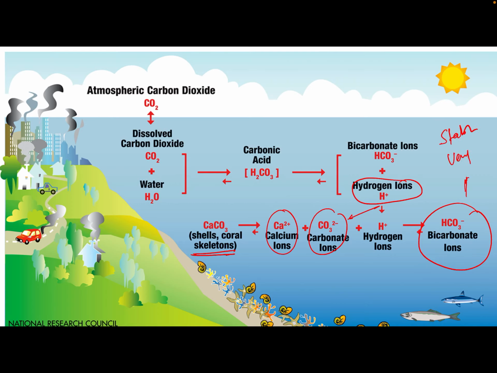Fine. So ultimately who suffers? The skeleton forming marine animals, which otherwise had an abundant supply of calcium and carbonate ions, are now suffering because of ocean acidification. So this was all about ocean acidification.